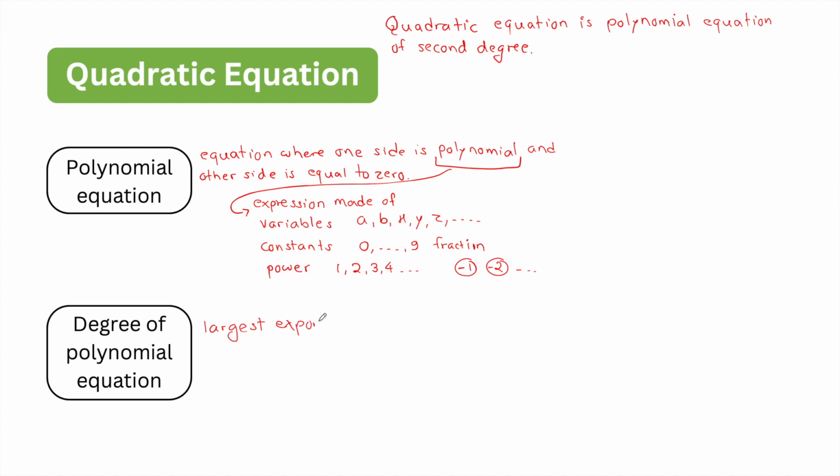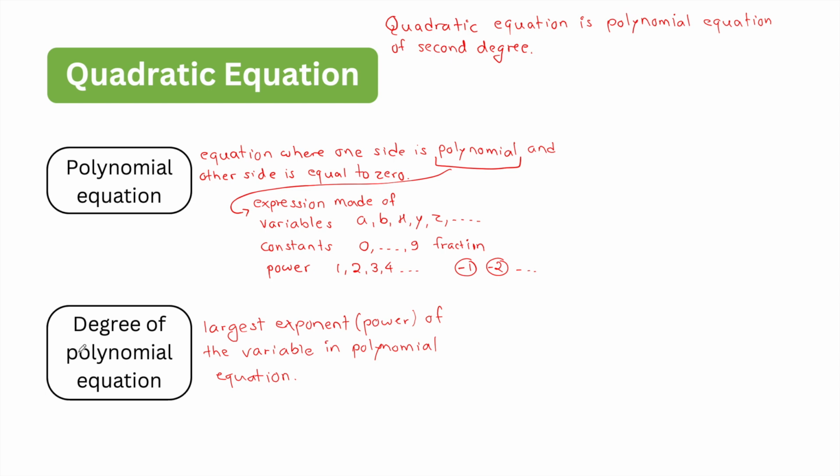Exponent is also known as power of the variable in the polynomial equation. So those polynomial equations that have second degree are known as quadratic equations. You got it clear? We understand polynomial equation and the degree of polynomial equation.